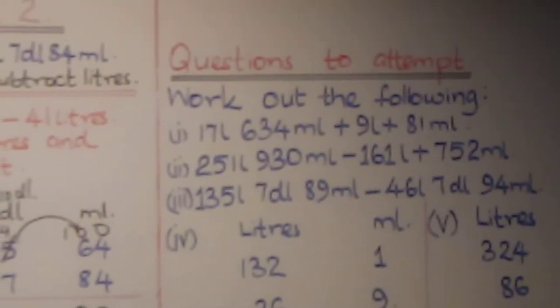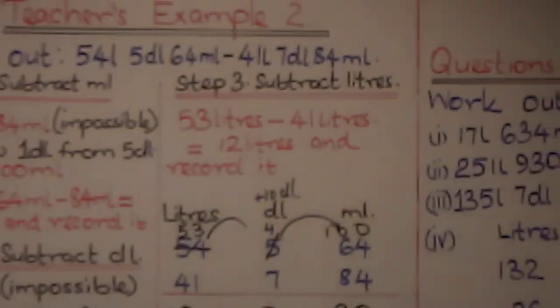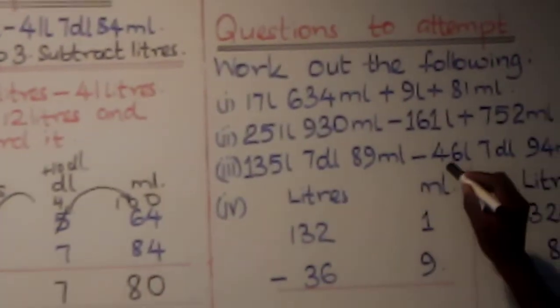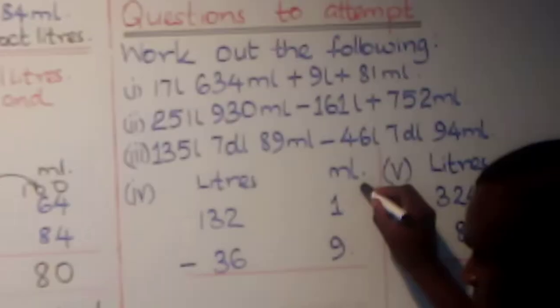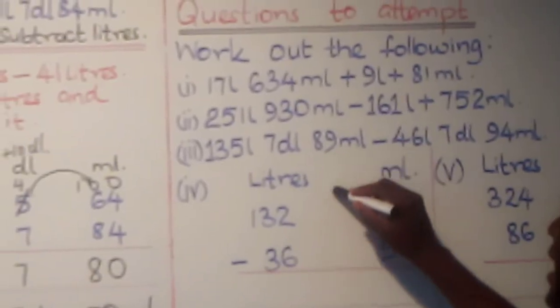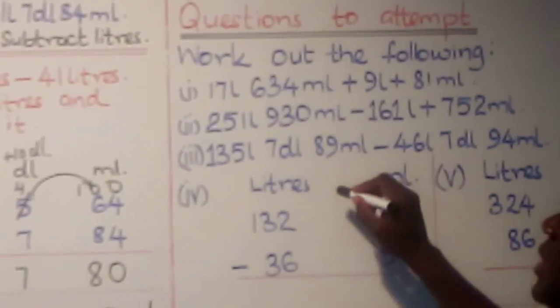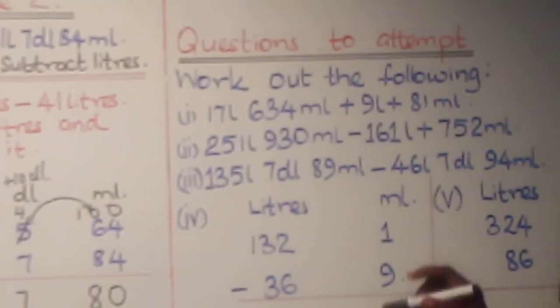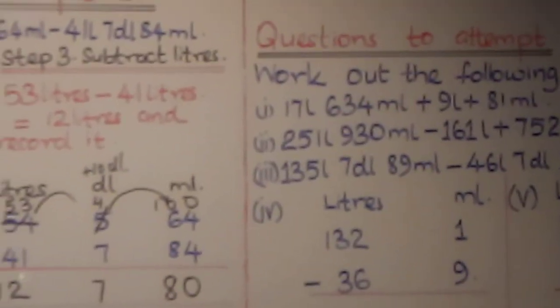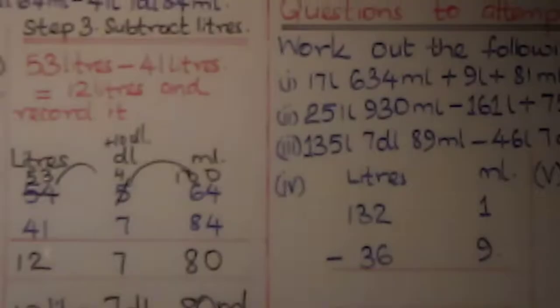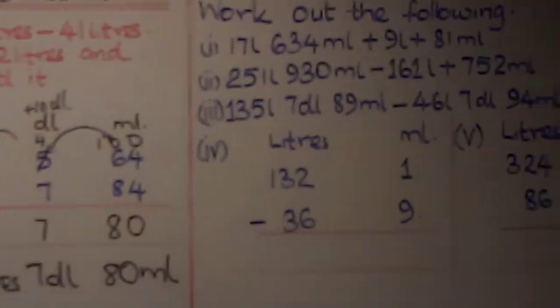Come to number 4. Number 4 has liters and milliliters. There is one unit of capacity that is not here, and that is deciliters. So this question shall have 2 steps alone.